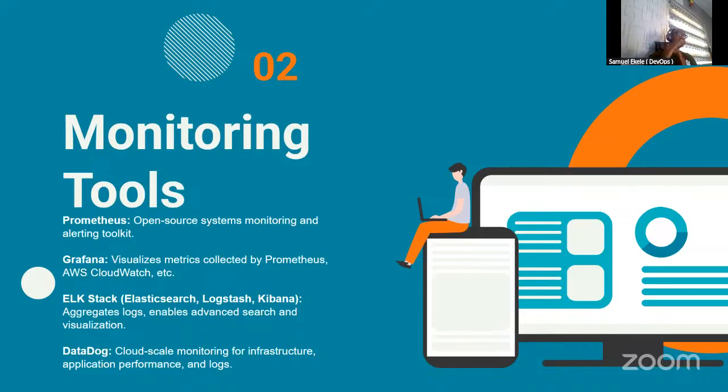Prometheus uses a data source, right? Grafana uses a different data source. Prometheus collects the data, collects metrics, and Grafana visualizes it.